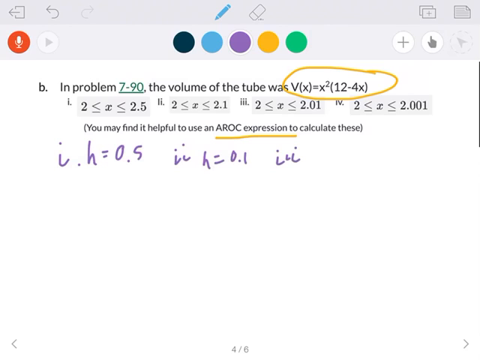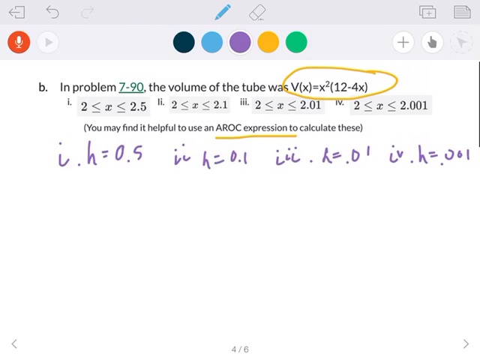For 3, we're going from 2 to 2.01, so the h value is equal to 0.01. And for 4, we're getting an even smaller interval, where the h value is equal to 0.001.